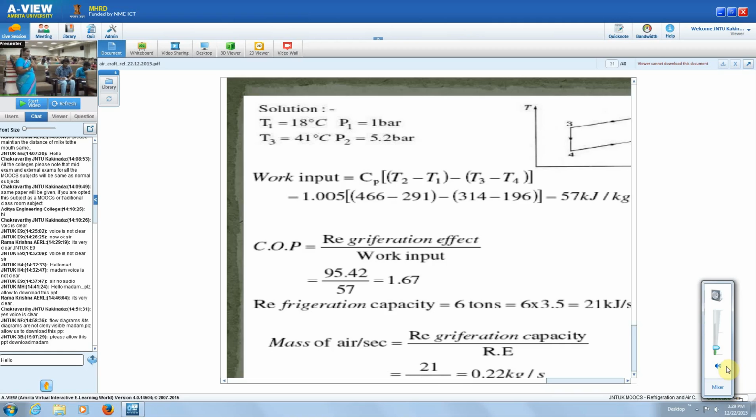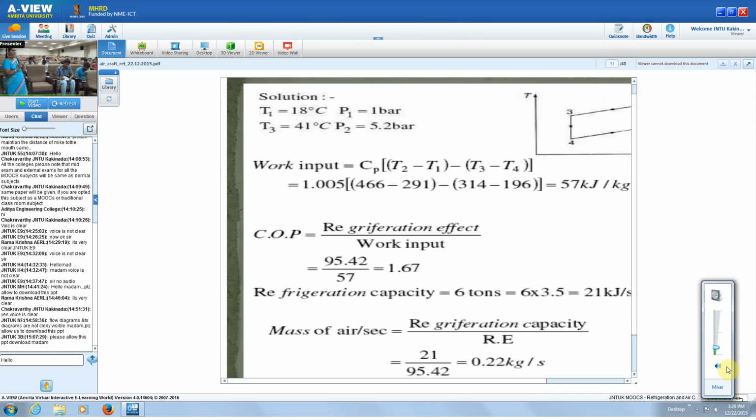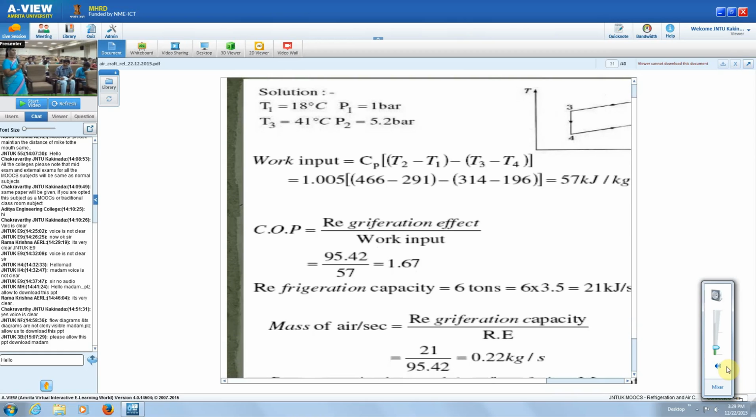With that, you find the work input. Work input is nothing but work required by the compressor minus work done by the expander, per kg of air. Only two temperatures are given here, so the remaining temperatures you have to find.